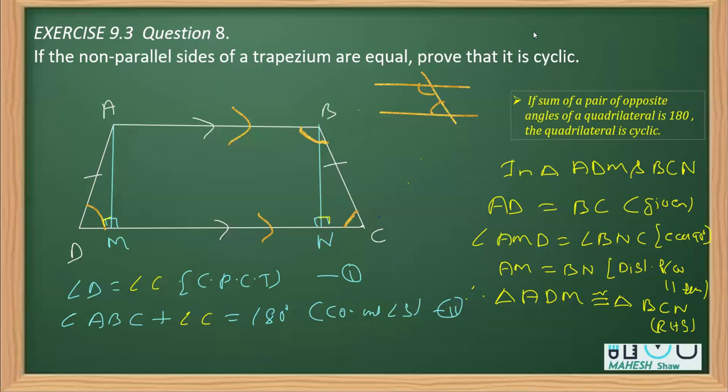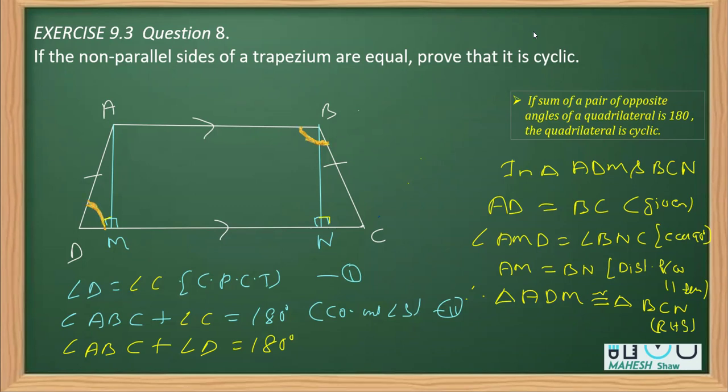So I'll write angle ABC plus, replacing C with D, as C and D are equal, that is angle D, is equal to 180 degrees. So now what we have done here, we have proved one pair of opposite angles as supplementary. You can see in the figure: we have proved this angle D plus angle B is equal to 180 degrees.